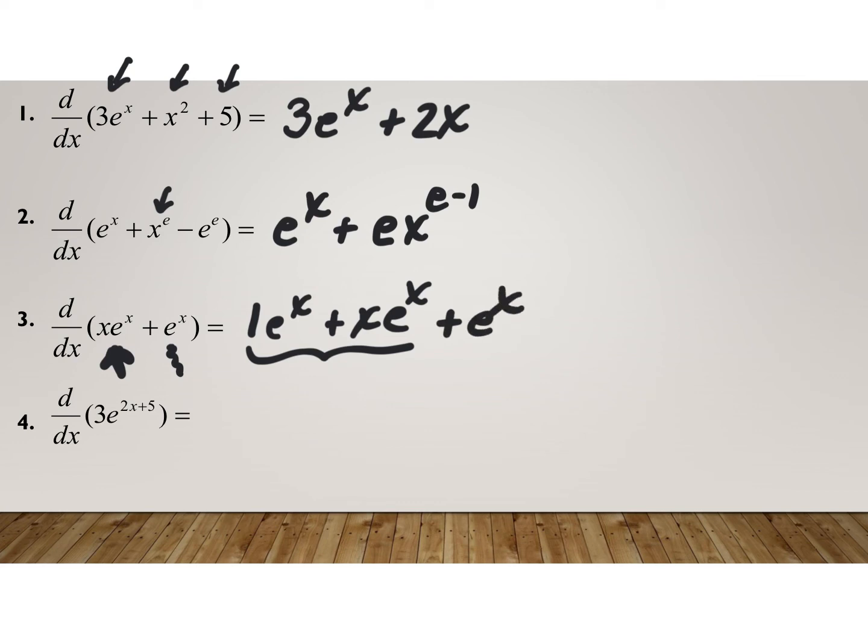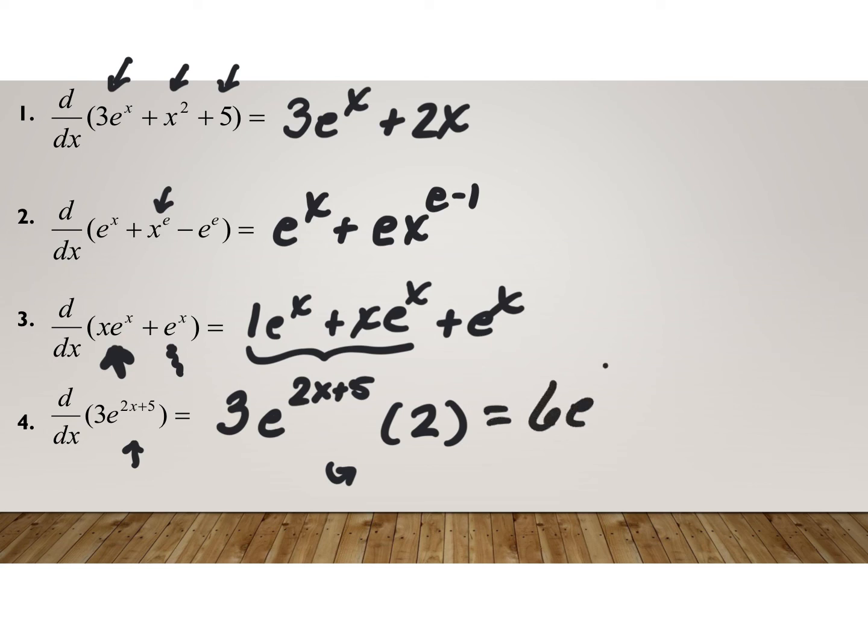Now we finally get to one where there's a function in the exponent that has a derivative that isn't 1. So the 3 comes along for the ride. We rewrite that function as e to the 2x plus 5, and then we chain rule the derivative of the exponent. Derivative of 2x is 2, derivative of 5 is 0, and this can be rewritten that 2 comes out front, 6e to the 2x plus 5.